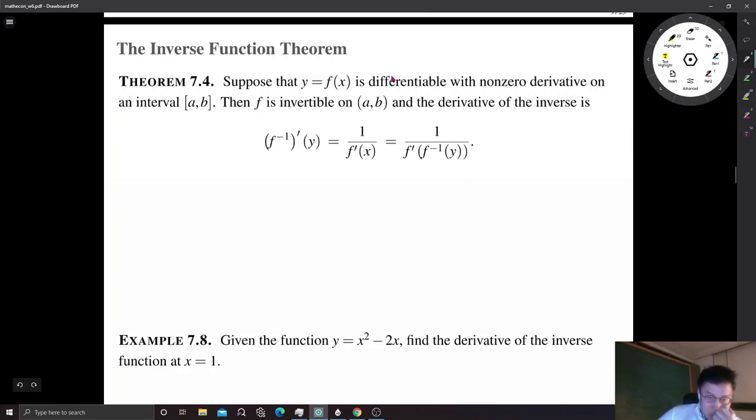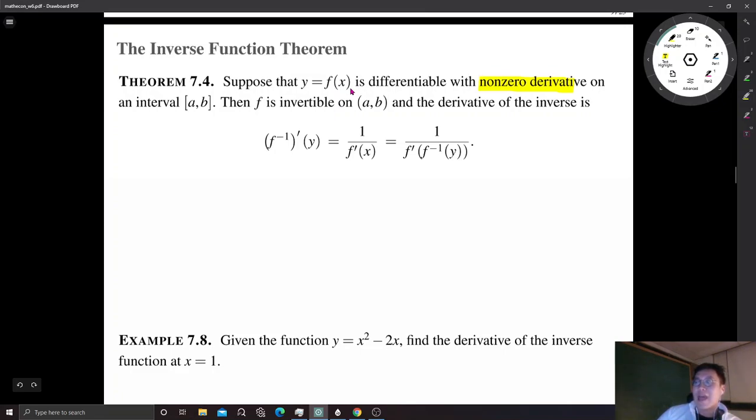So suppose that y is given by some function f of x, differentiable and with a non-zero derivative on the interval between a and b. Non-zero derivative means the derivative of f of x is either positive or negative. So the function is monotone increasing or decreasing.